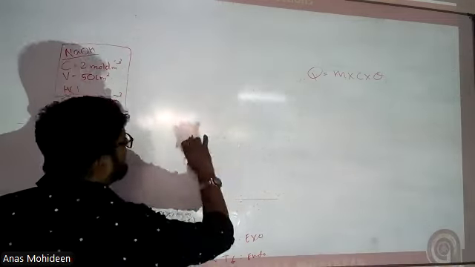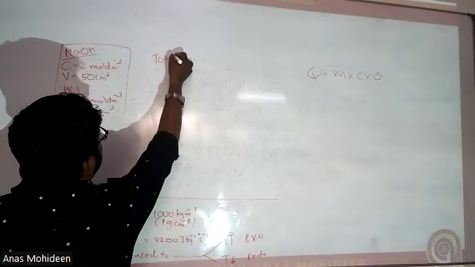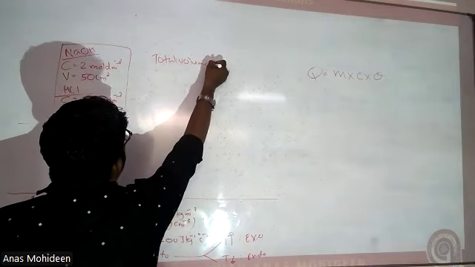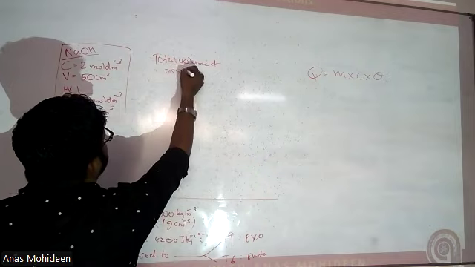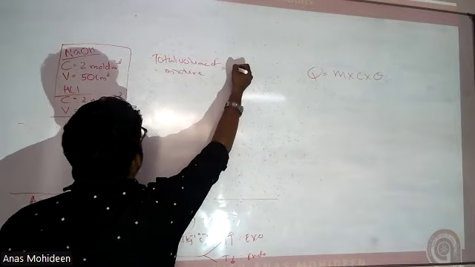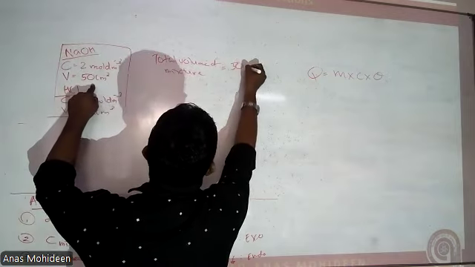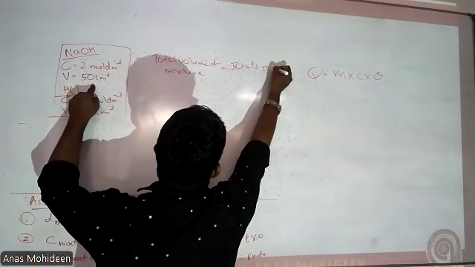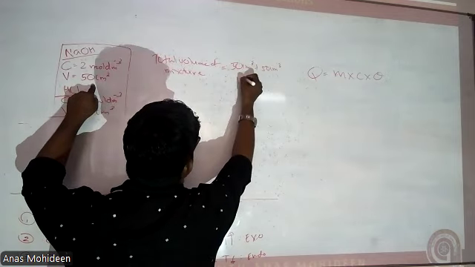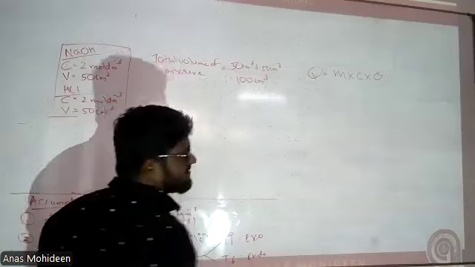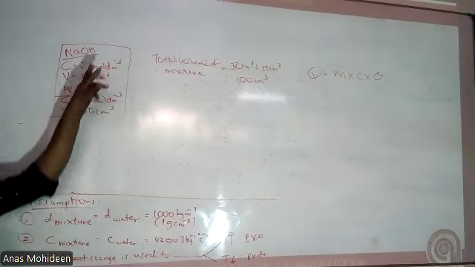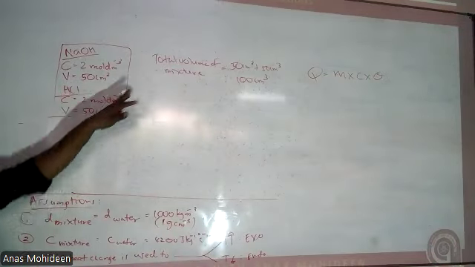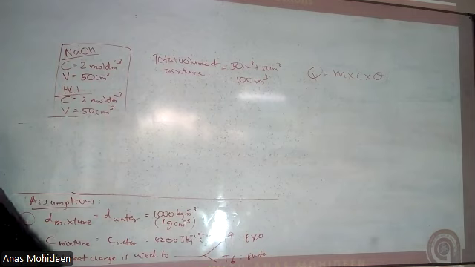First, I find out the mass. So I'm going to write total volume of mixture. You have 50 cubic centimeter plus 50 cubic centimeter, means 100 cubic centimeters in total. Within the container, you got 100 cubic centimeters.